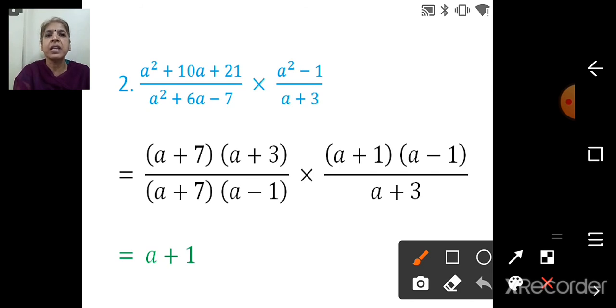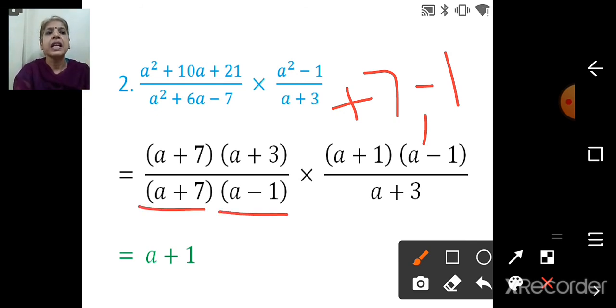Then the sign: the middle term is positive, so the greater number will get the positive sign. So the factors are plus 7, minus 1. So we will be writing a plus 7, a minus 1. The numbers are simple, so we are writing directly.